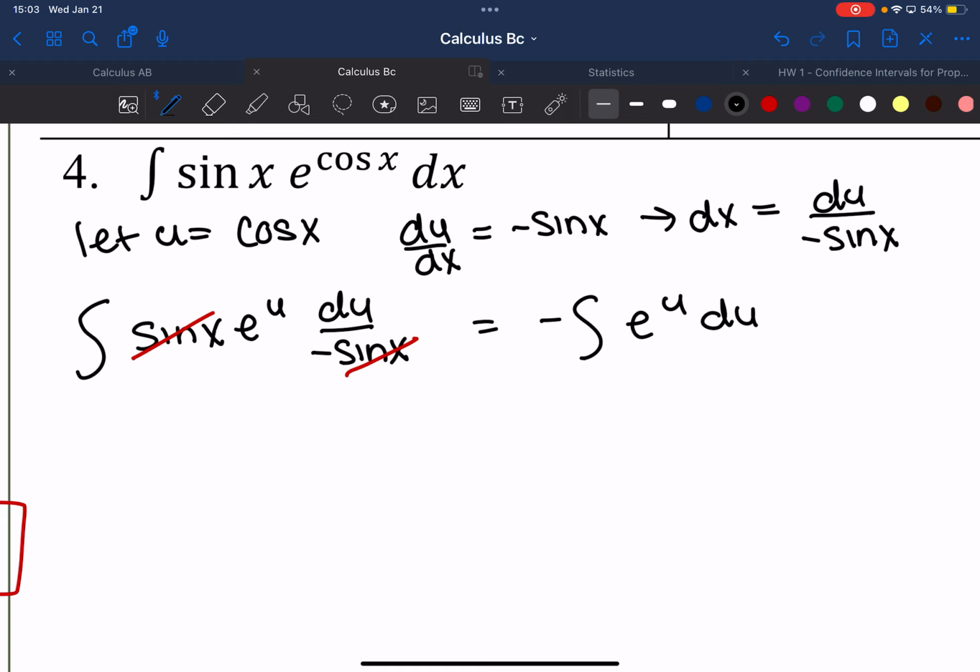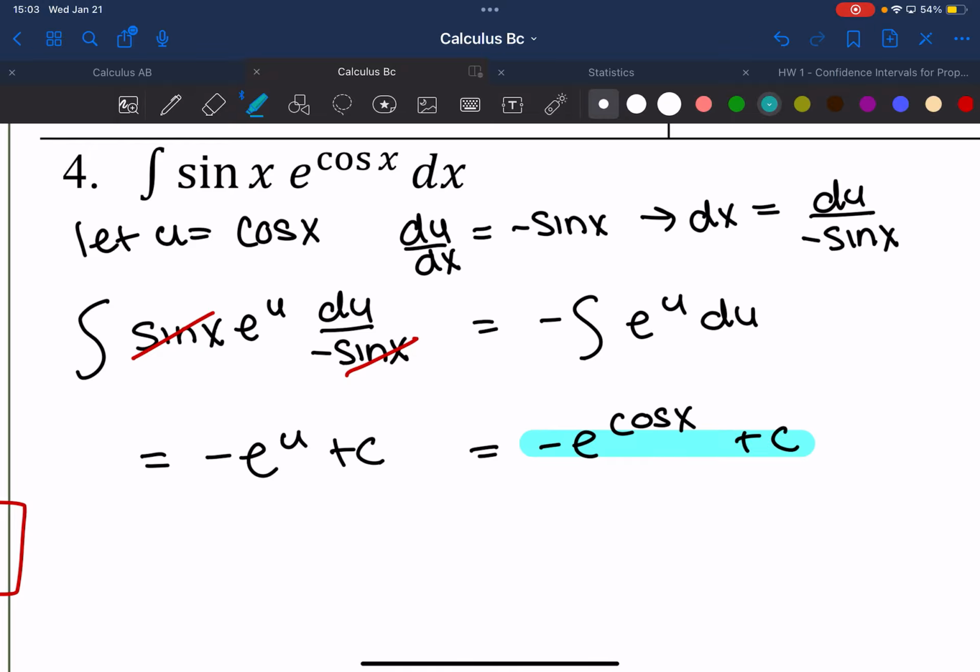Is everything in terms of u? Which means we can do what? Antiderivative. And what's the antiderivative of e to the u? E to the u. So this is equal to negative e to the u plus c, which means this is negative e to the cosine x plus c. That is our answer.